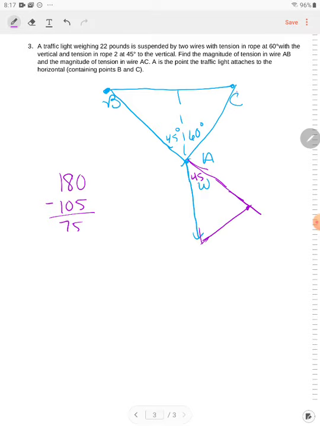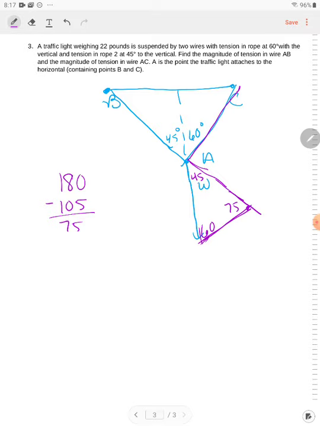It gives us other information too. Because I'm looking at parallel lines, this is also 60, by corresponding angles. So this gives us 75 also.